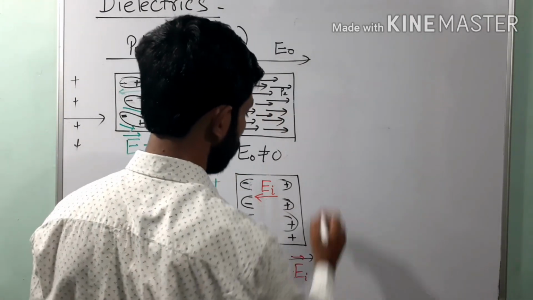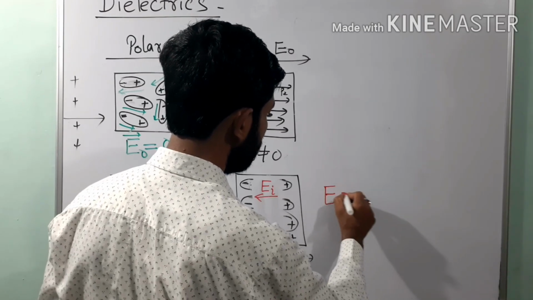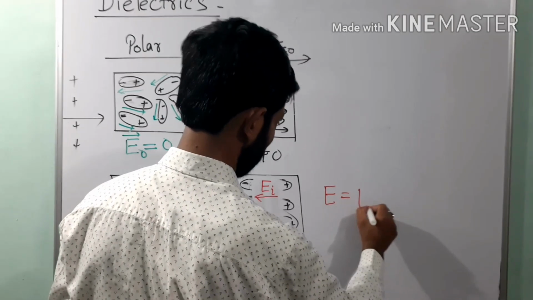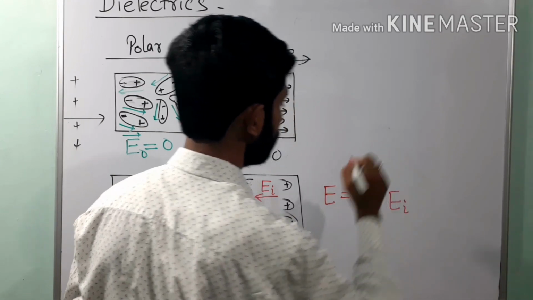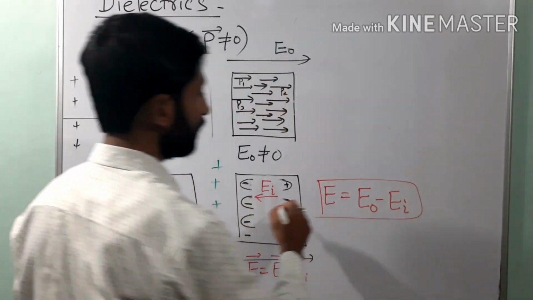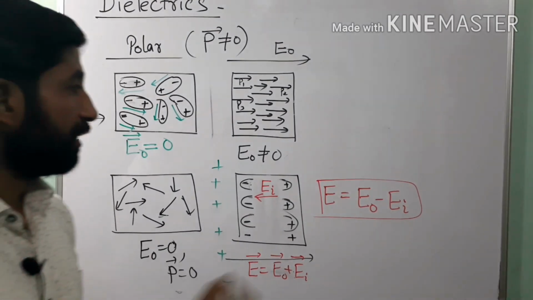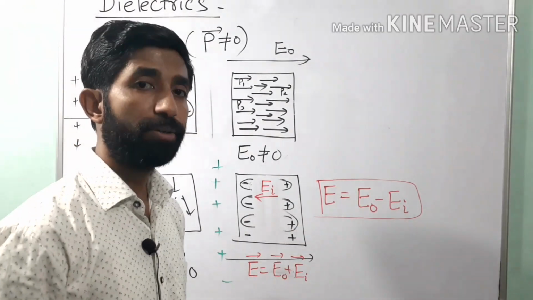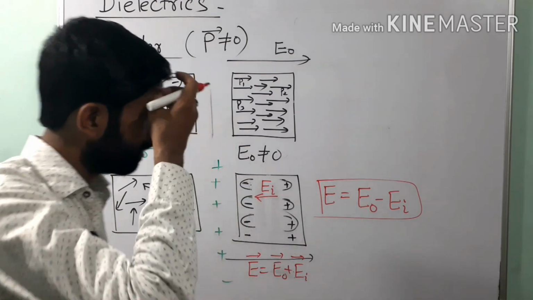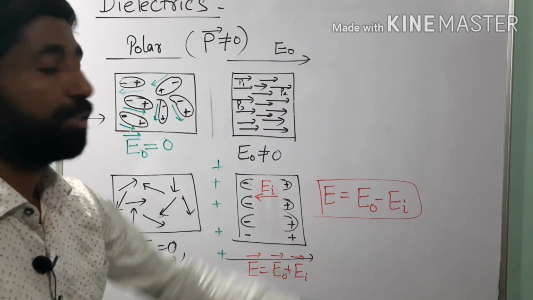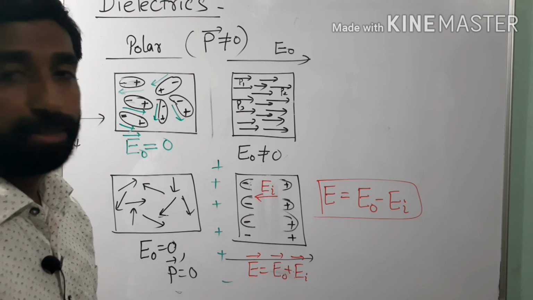In magnitude, what we get? The net electric field is E outer minus E induced. That is the net electric field. In a later section, we shall discuss the dielectric constant. For now, this is the relation between the external and the resultant electric field.